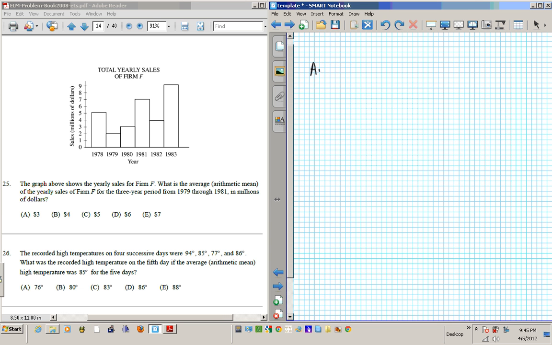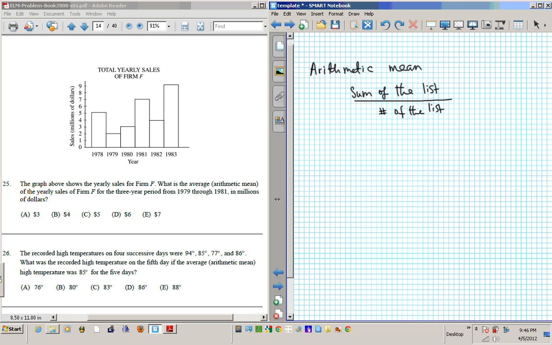the arithmetic mean basically can be defined as the sum of the list divided by the number of the list.